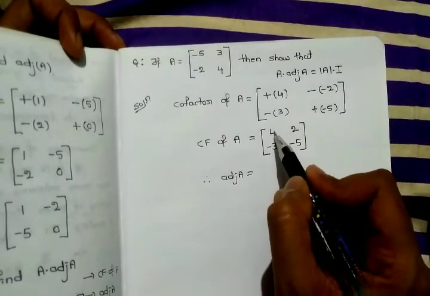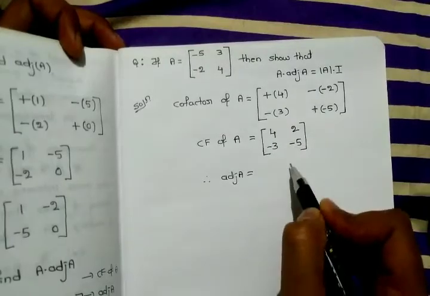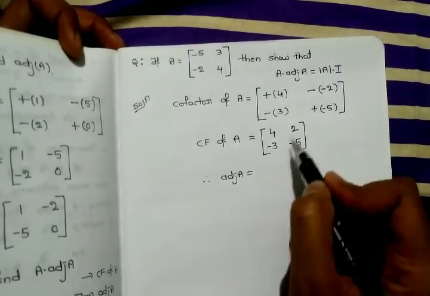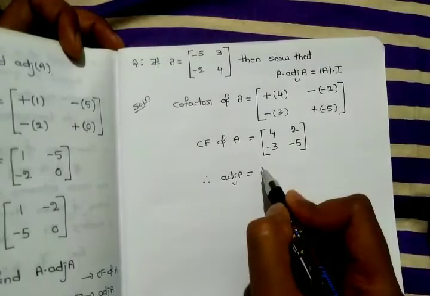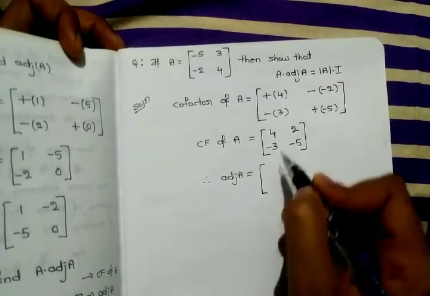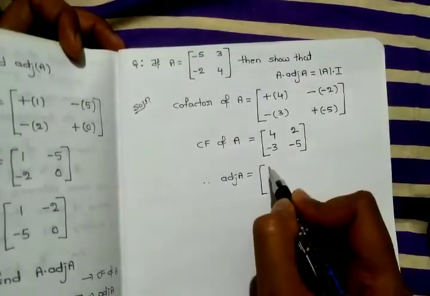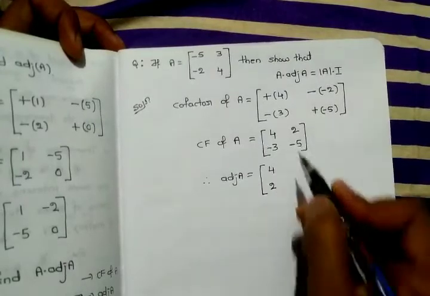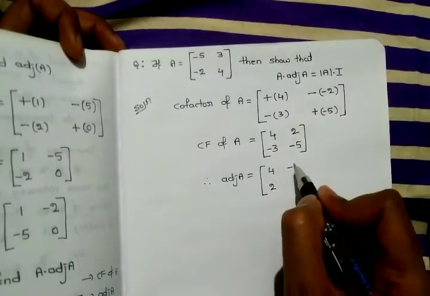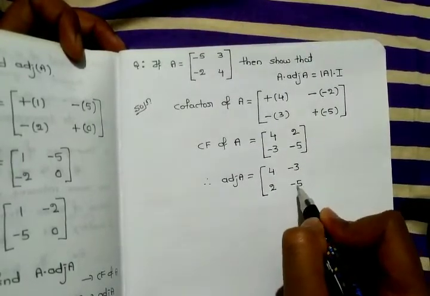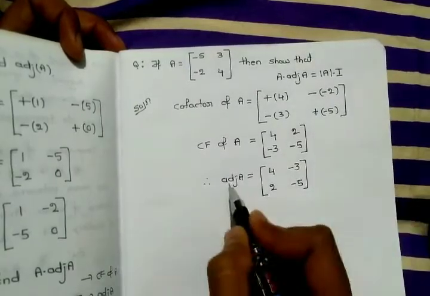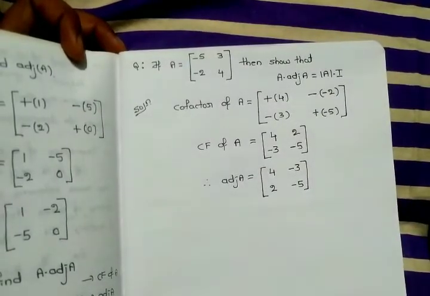Transpose means you interchange rows into columns, or columns into rows. So I interchange the first row as first column, second row as second column. So this is the value of adjoint of A.